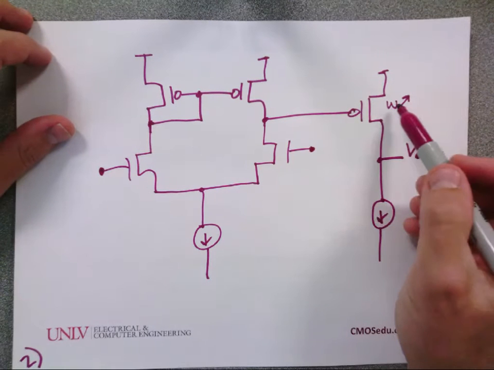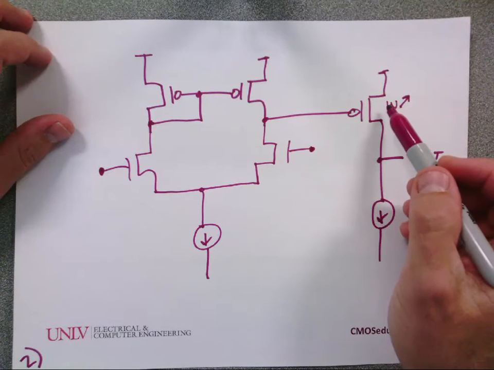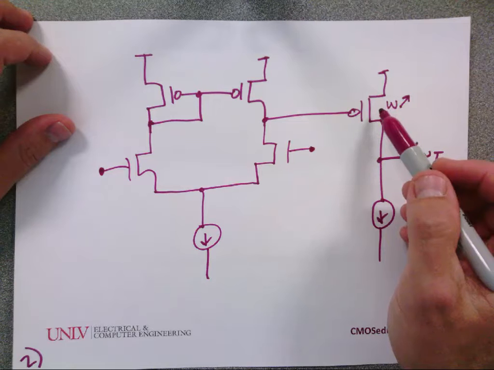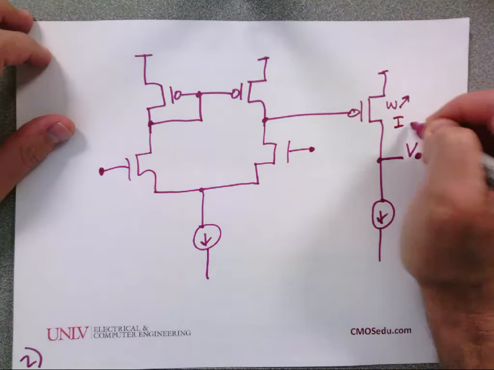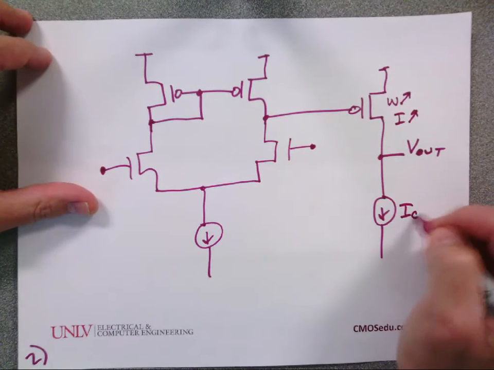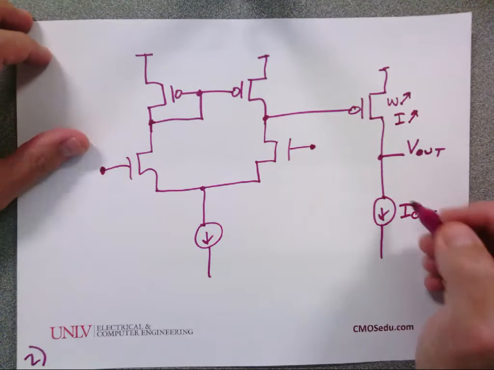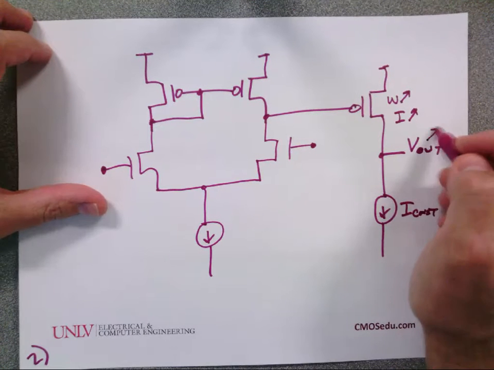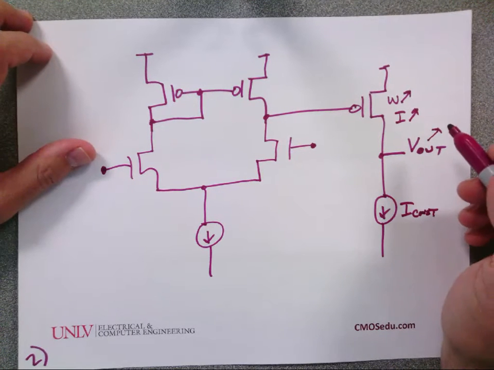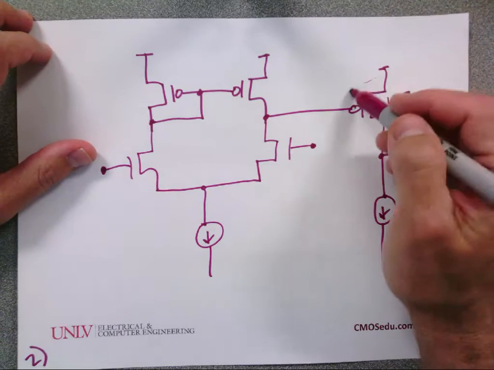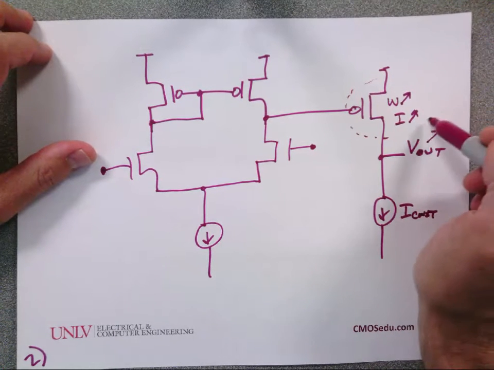What happens to the current flowing in this transistor as I increase the W? I goes up. But this is a constant current source, right? So that causes the output to go up, correct? So if I don't size this right, the output starts going up.